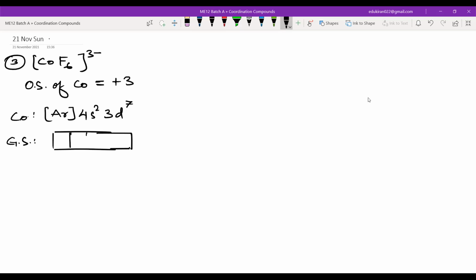So we have 1, 2, 3, 4, 5. Then we have the 4s here. The 4s has 2 electrons. The 3d has 1, 2, 3, 4, 5, 6, and 7.